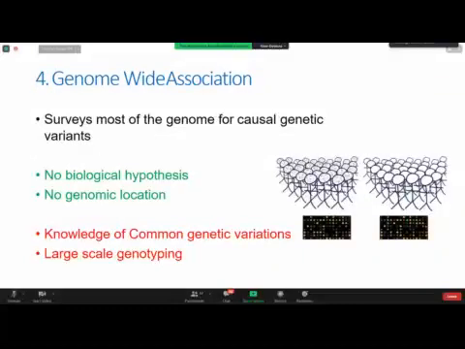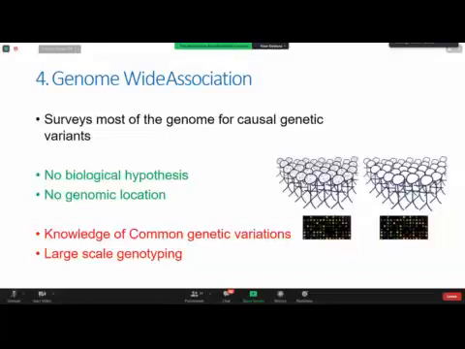So one thing that is very, very important for either a genome wide association study or a normal genetic association study is the sample size, because we are looking for common variants that are already present in the population, and we are going to link them with the disease.